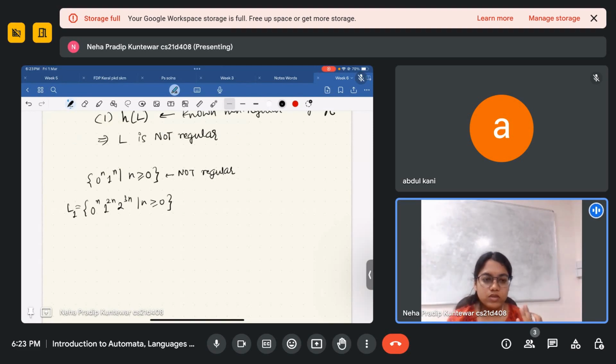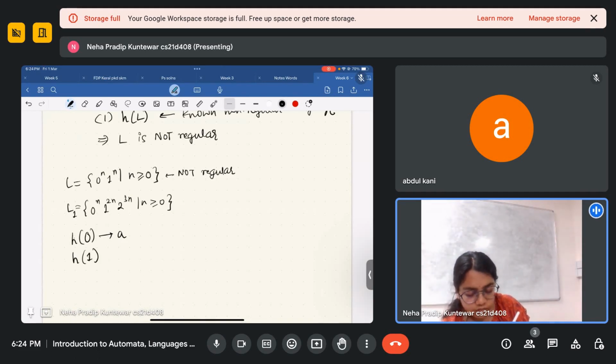What I'm going to do is come up with a homomorphism and somehow get to this language or something similar to it.